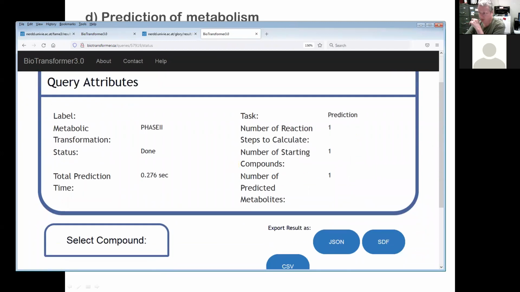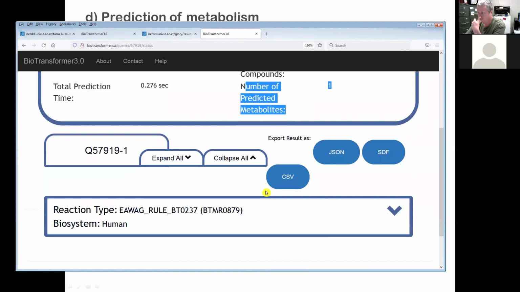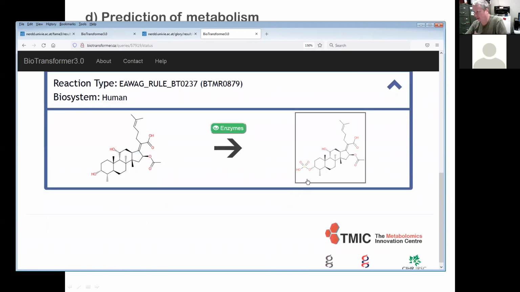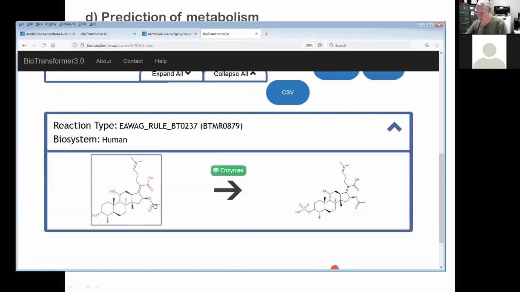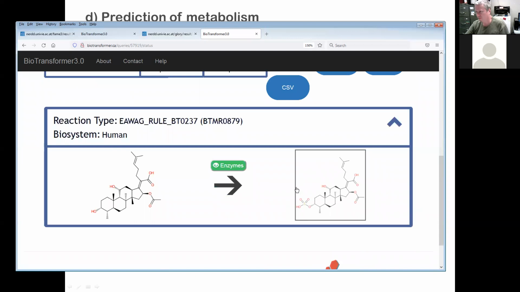So it actually did predict at least one molecule. Let's see what it is. So it did anticipate maybe a sulfonation of that secondary alcohol there as a potential metabolite. I could imagine also glucuronidation, maybe something onto the carboxylic acid as well. But yeah, it did make a little bit of a prediction, which is nice.